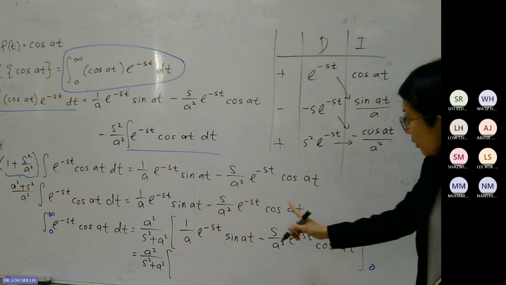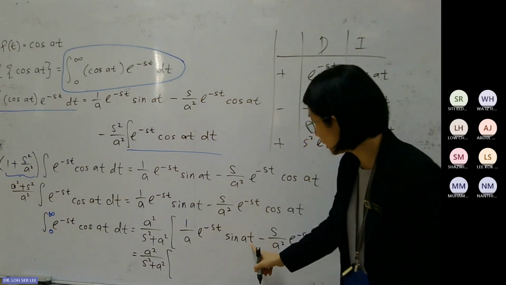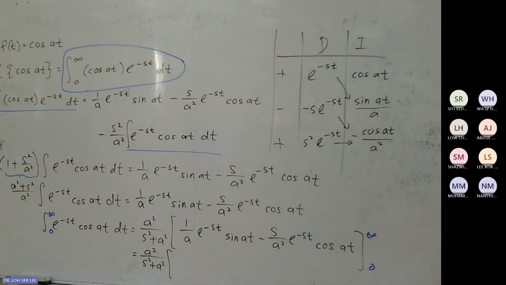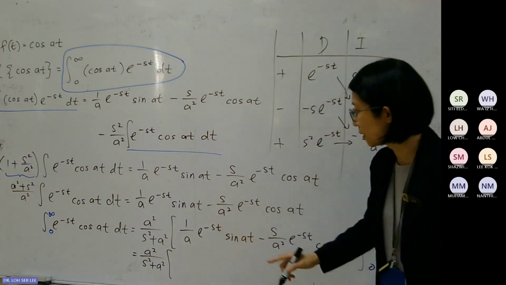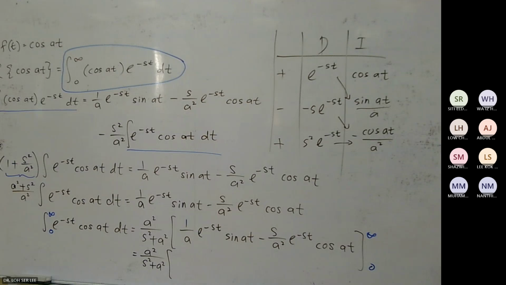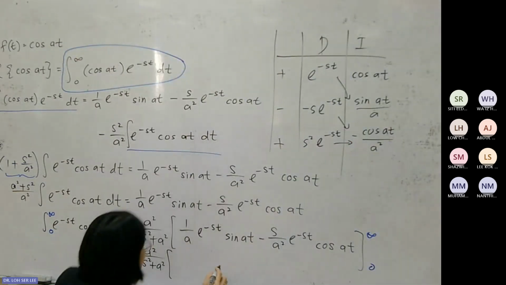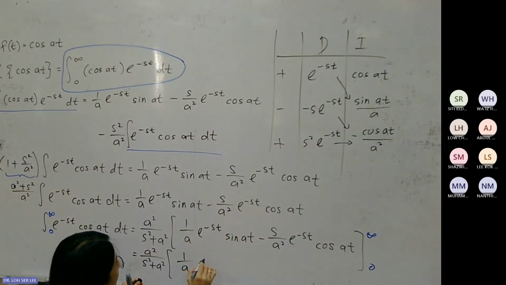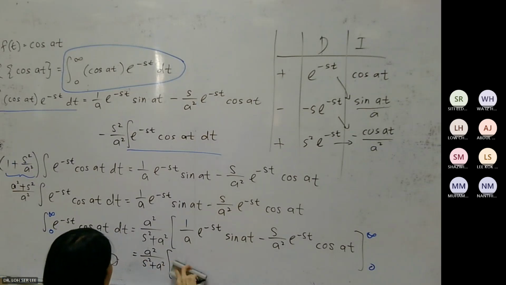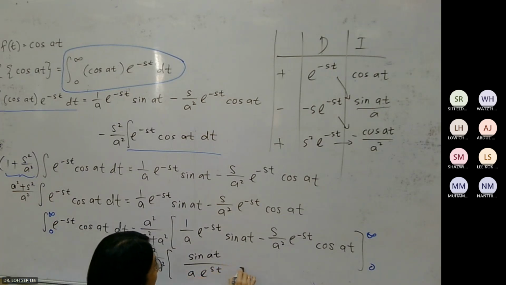Now infinity into here and here. What do you get? I think I write one more line so that you can see. This is sine at over a e^st.